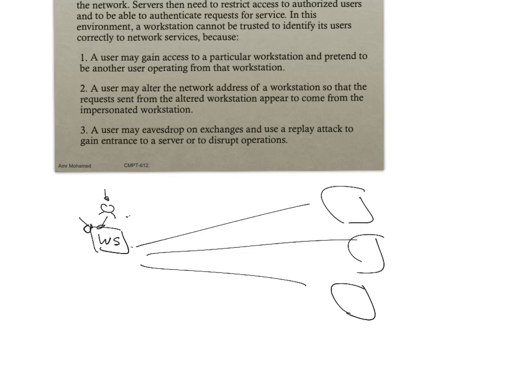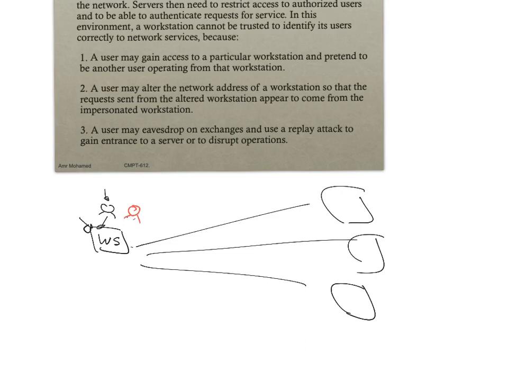So the risk here is that, assume there are different types of attacks that we need to worry about when it comes to this simple scenario. A user may gain access to a particular workstation. So you have now someone like Darth or Eve who is trying to attack.